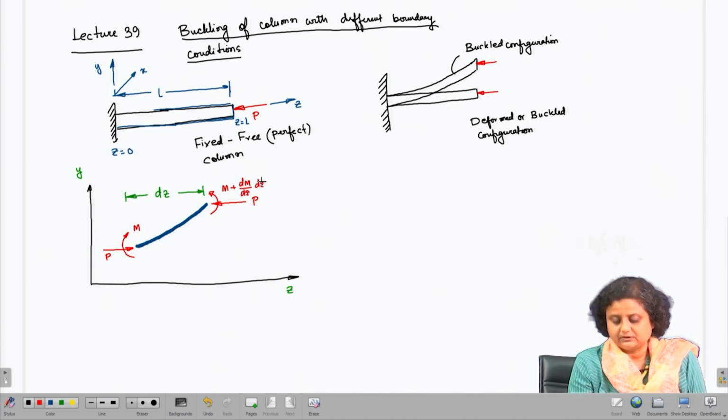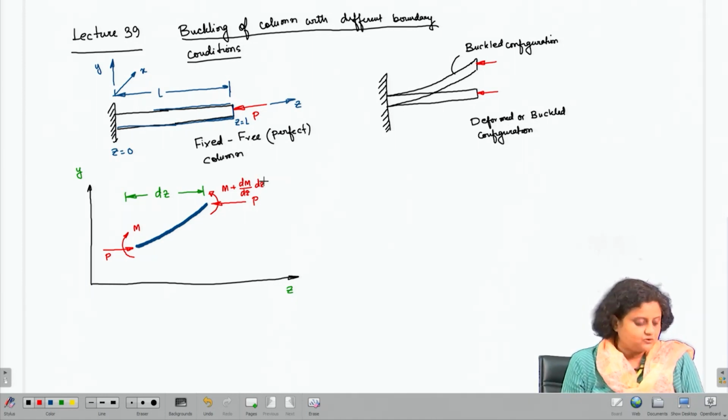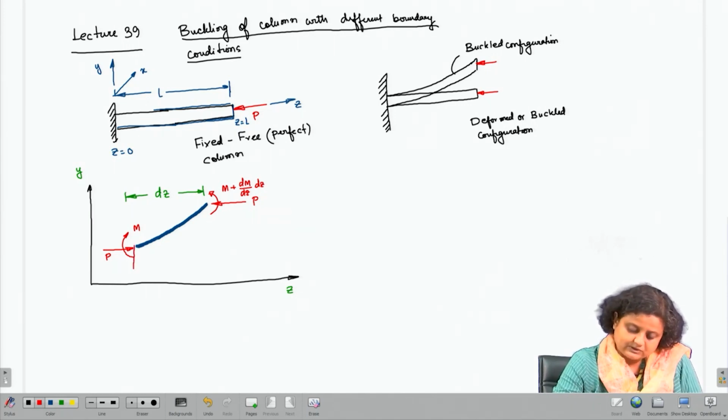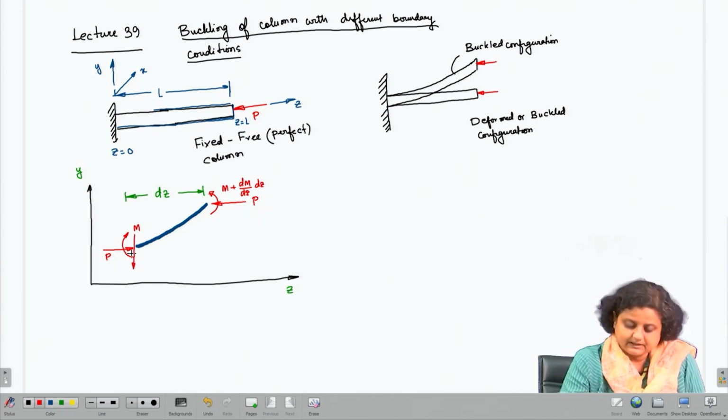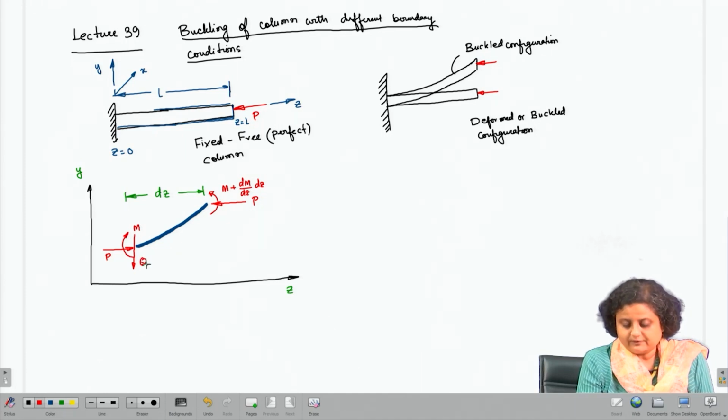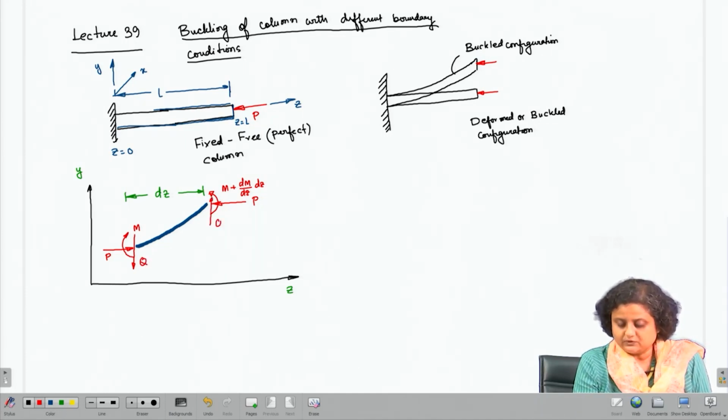Apart from the moment, there would be a shear force, which let me represent by Q. If it is Q here, I will have an opposite force, which is Q plus dQ by dz into dz.